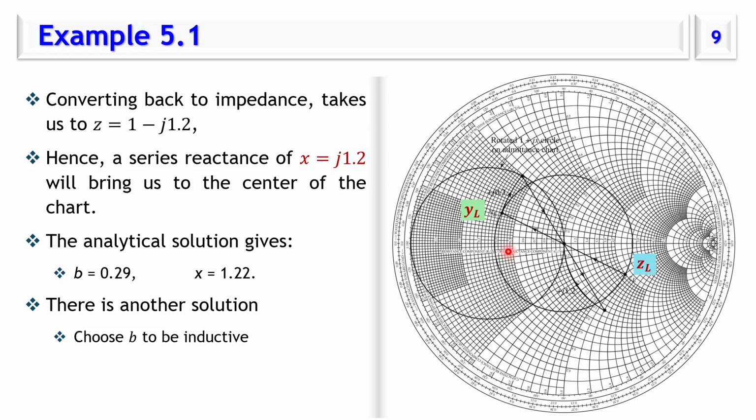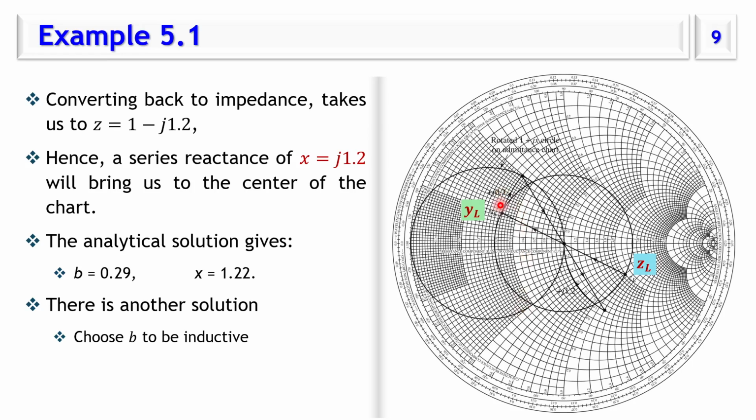Anyway, instead of moving from here to here on 0.4, we can move down to this point. So this point is also on the real part equal to 0.4.